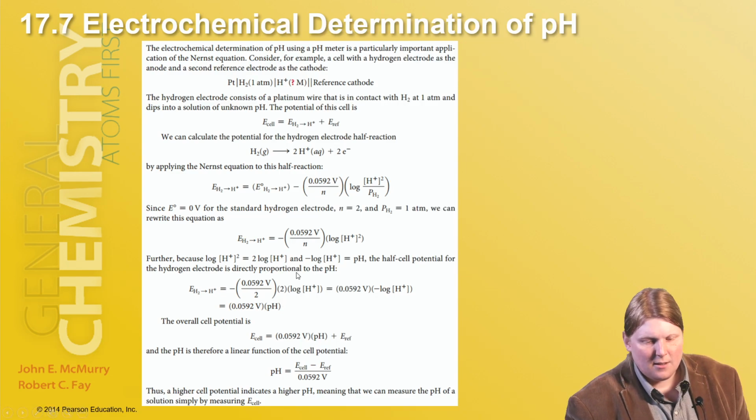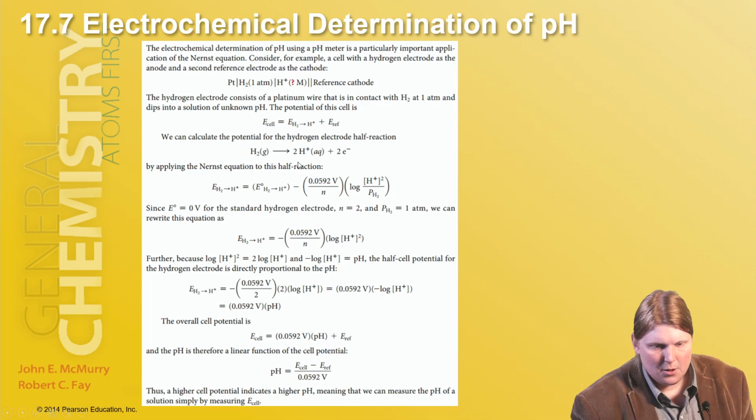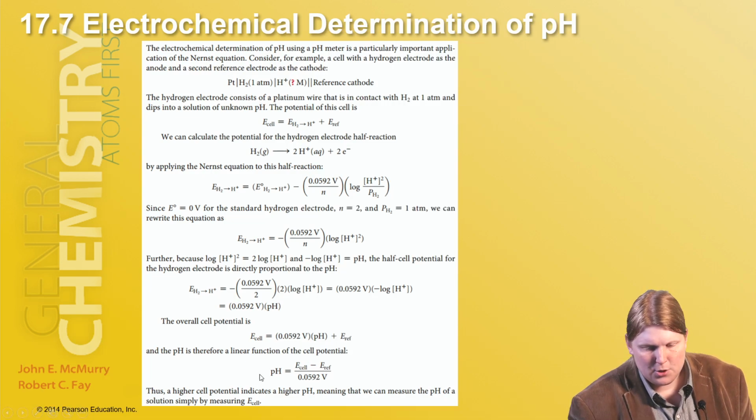Now, you'd think that any ions could affect this E cell, but no, it's actually tuned to this, and some versions of it have an actual hydrogen electrode in them, different ways they can be implemented. But the basic concept is they measure the voltage of reactions of hydrogen against a standard reference inside the electrode. So they measure pH electrically by measuring E cell versus a reference, which is what they show here as an example.